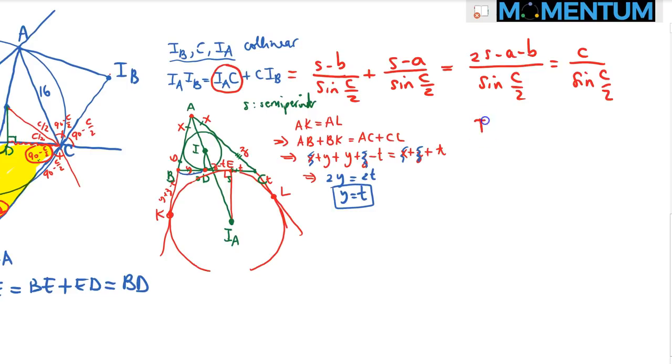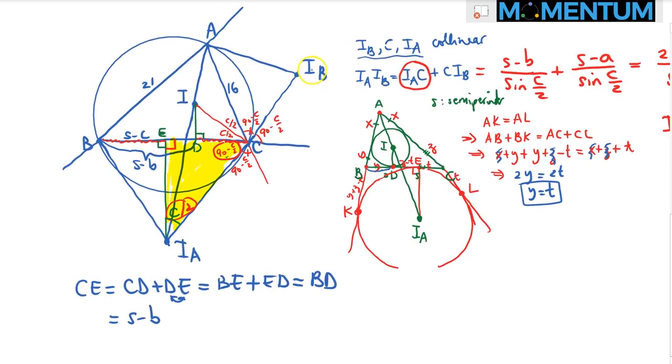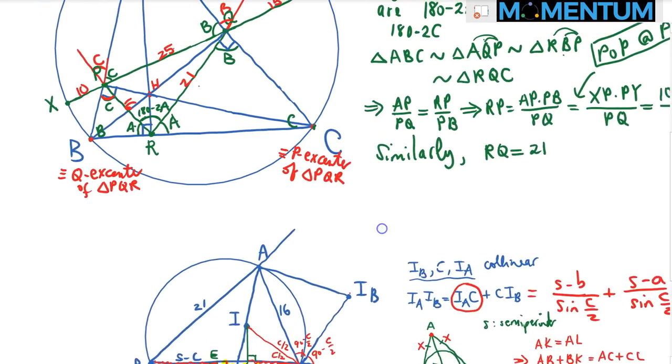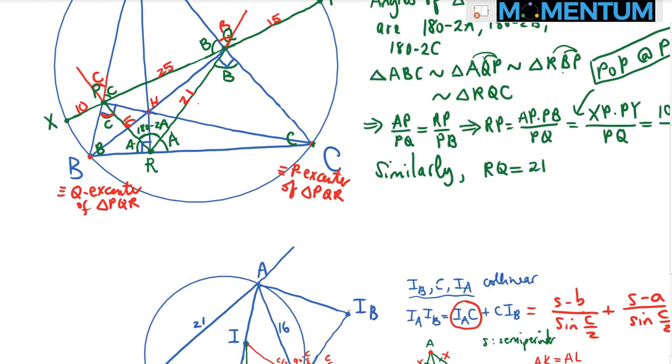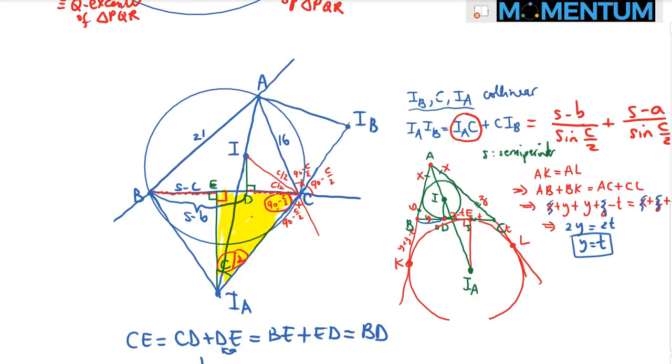We also needed to calculate, wait a second, IA, IB, I did that one. I think we also needed to calculate IA, IC. Let me see. Yes, we need to calculate AC in the original picture, which is the one adjacent to 25 and 21. 25 is the long BC, 21 is here, so it is IA, IC.